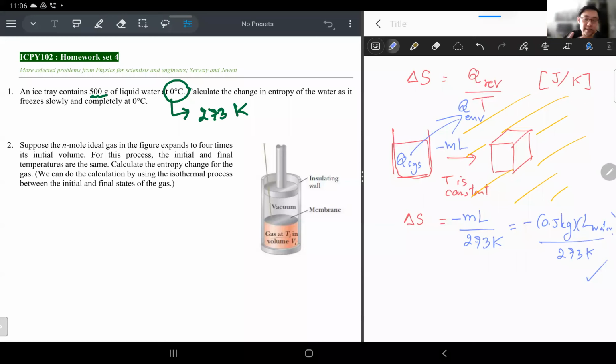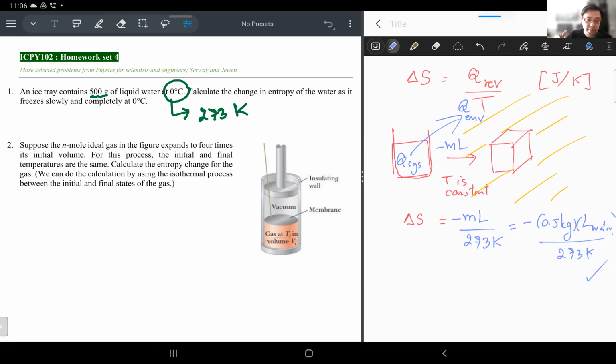There's a heat that leaves the system, but the heat that leaves the system actually has to enter the environment. It has to go somewhere. So if you look at the environment, there is a heat flow into the environment. So there is a positive change of the entropy of the environment. And if you sum up everything, it's going to be either no change or positive change.